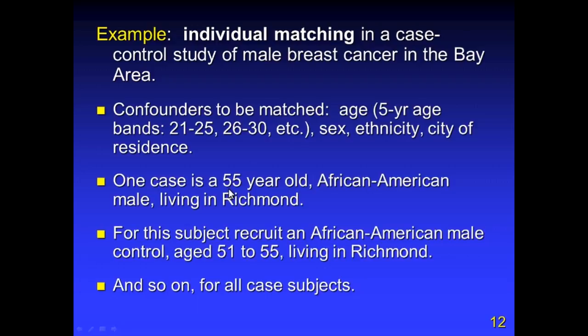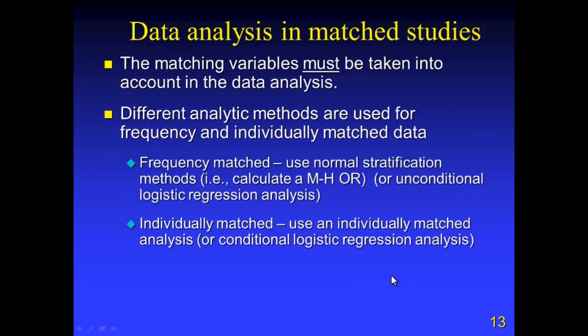But if we did, and we had a case, a 55-year-old African-American male living in Richmond, we would then recruit another African-American male in that age band, living in Richmond, and so on for all case subjects.